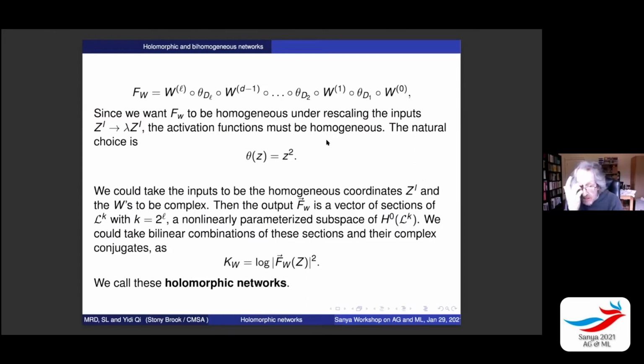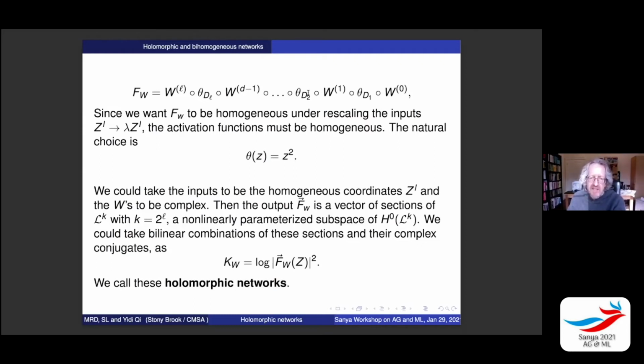We'll send in as an input a basis of low degree holomorphic sections, say just the homogeneous coordinates. We'll take linear combinations of those, and then we'll apply a homogeneous holomorphic activation function, of which the natural choice would be to take z to z squared. So each of these linear combinations, each of these degree 1 sections, we could then square to get a degree 2 section.